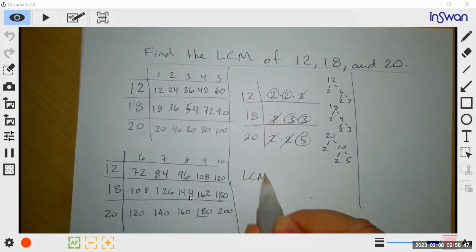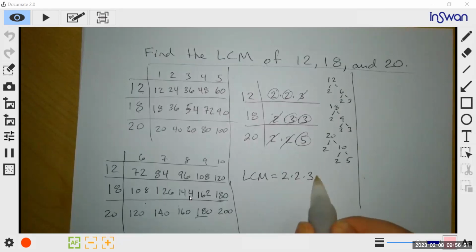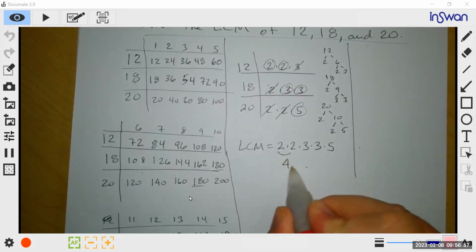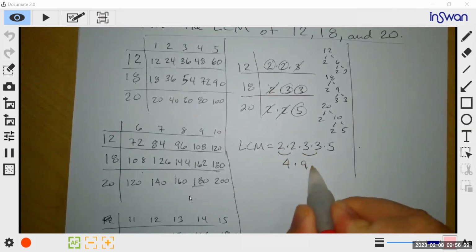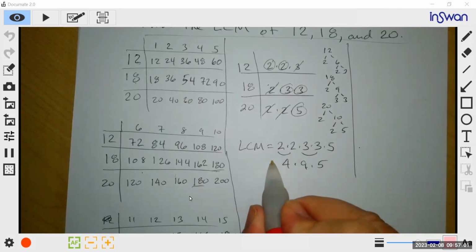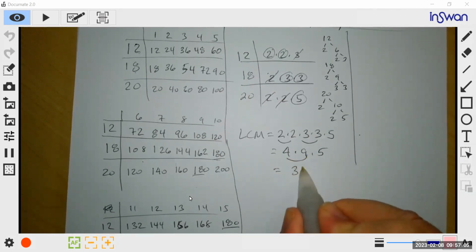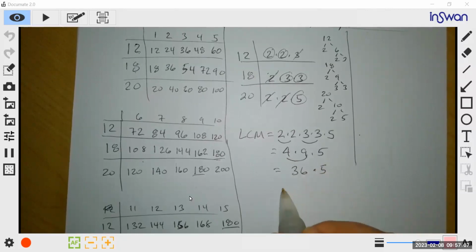So the LCM is 2 times 2 times 3 times 3 times 5. 4 times 9 times 5. 4 times 9 is 36. 5 times 6 is 30. 5 times 3 is 15, plus 3 is 180.